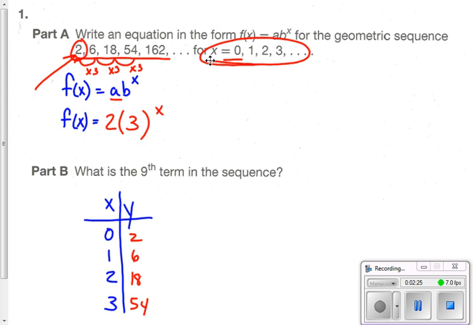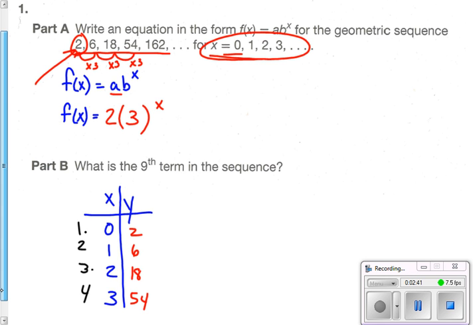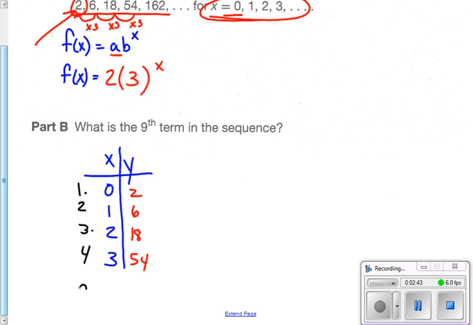To figure out the ninth term in the sequence, well, here is your first term. Here is your second term. Here would be our third term and our fourth term. And remember what we need to find. They want us to find what is that ninth term.